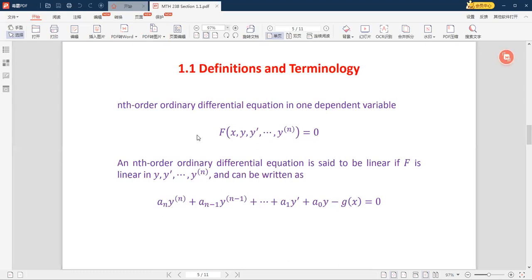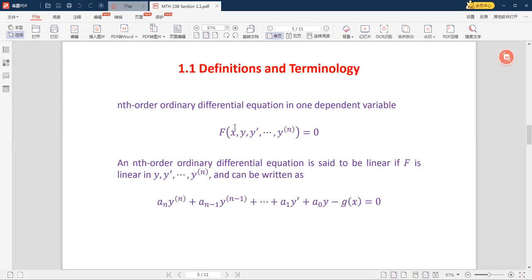So that's an nth order ordinary differential equation in one dependent variable in the general form. The function big F can be in any form. In general, we just write big F of x, y, y prime, up to y nth derivative, equal to 0.